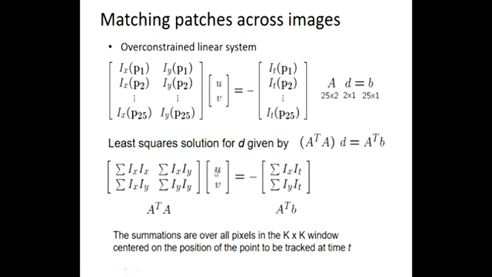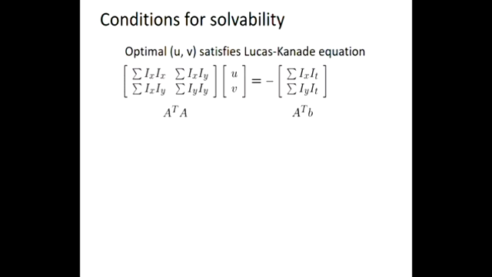And then A transpose B is just the sum of x gradients times the difference over time, and the sum of y gradients times the difference over time. Note that the summation is over all the pixels in the k by k window. I'll do a little bit of illustration in a moment, but I'll first finish with the math.